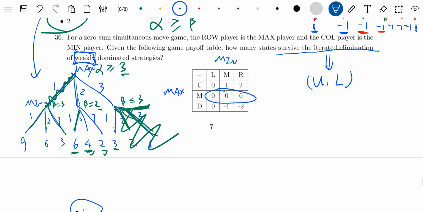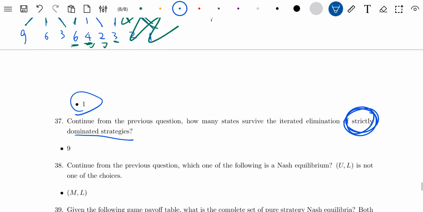Similarly, there's one row of 0. So no column can strictly dominate another. So there's no way you put the strictly larger sign this way or this way. So nothing is strictly dominated. So nothing is eliminated. So that's why all 9 of them would survive. So again, the question is asking for how many survived.